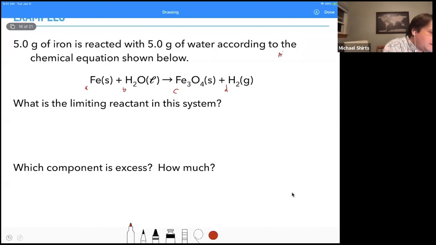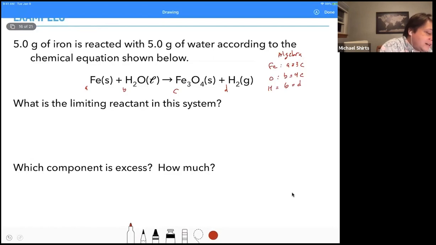So for algebra, for iron, we've got A equals 3C, not D, C is the iron oxide. For O, we have that B equals 4C, and we have for H that B equals D.